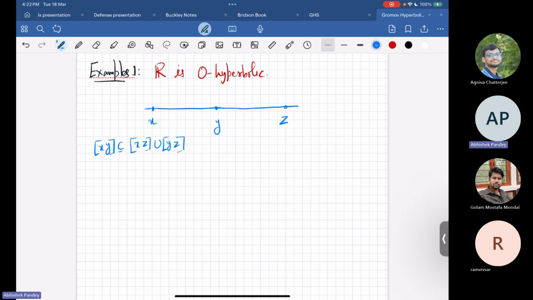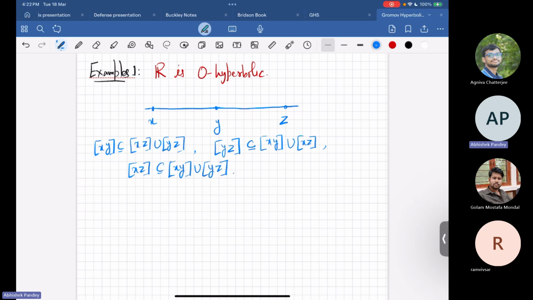Obviously, it is a subset of xz only. yz is a subset of xy union xz, and xz is a subset of xy union yz.